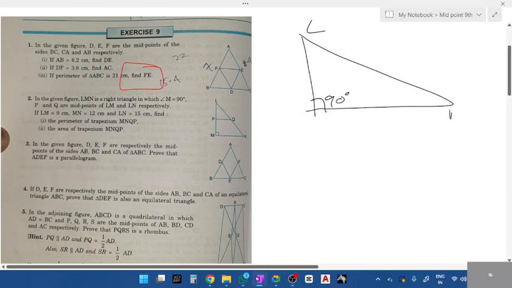L, M, N. We have PQ. And what have they given? What about P and Q? Are they midpoints of which one? They are the midpoints of M and N. If PQ is the midpoint, what is the formula, students? PQ is equal to half of.